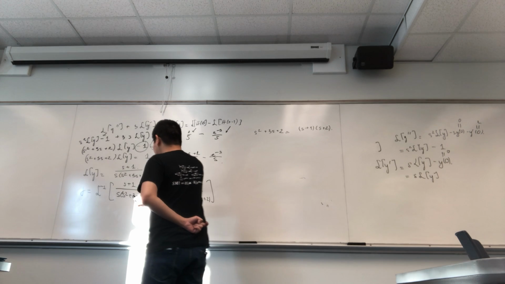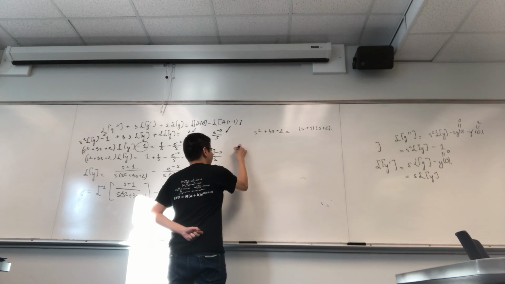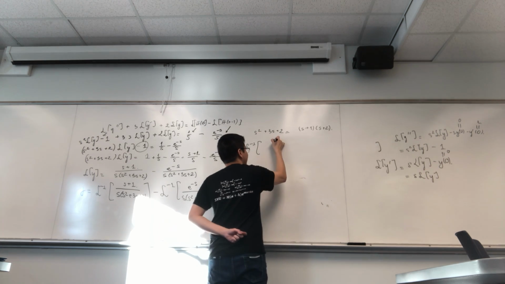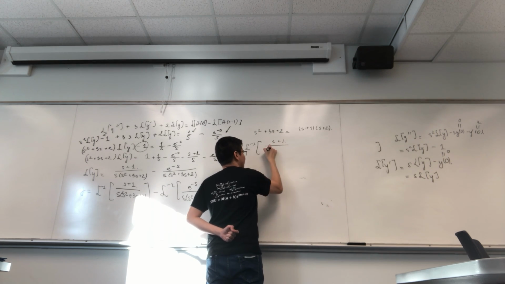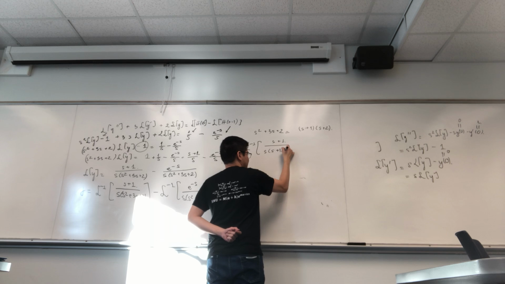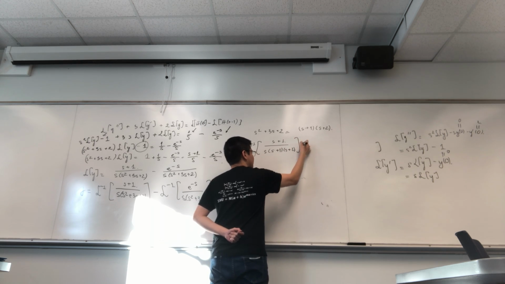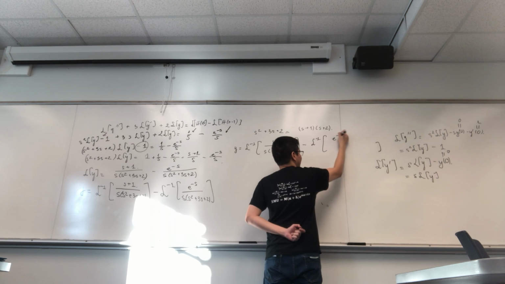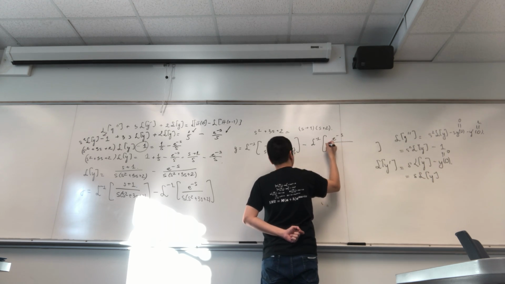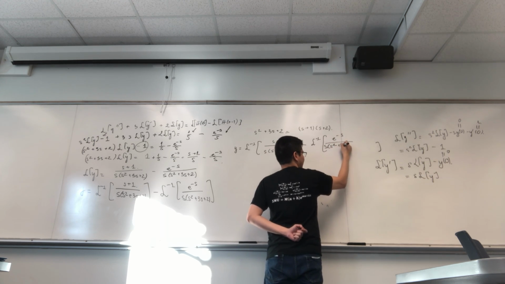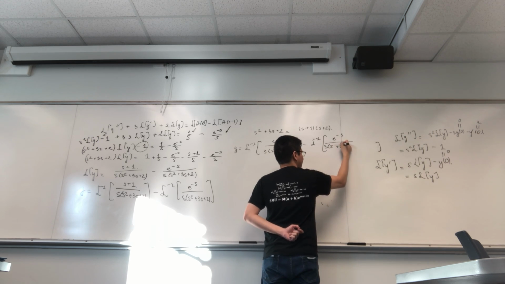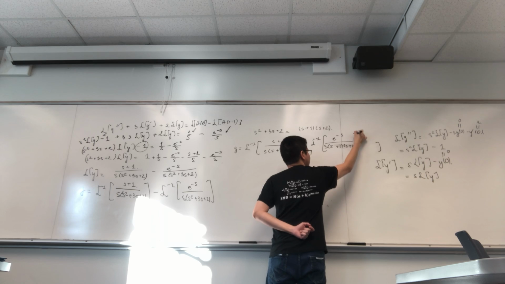So I'm going to plug that here. So I have y will be the inverse Laplace transform of s plus 1 over s plus 1 times s plus 2, minus the inverse Laplace transform of e to the power minus s over s plus 1 times s plus 2.